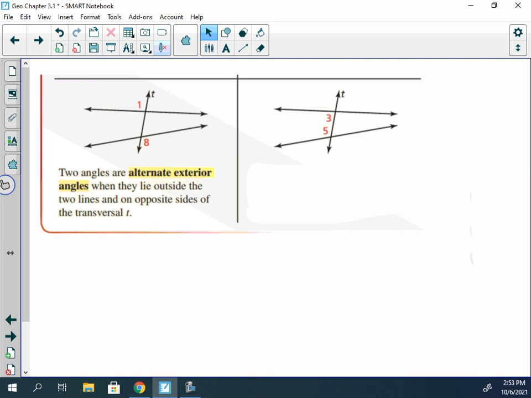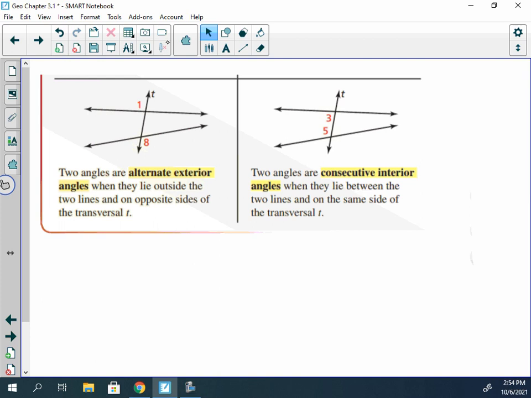Alternate exterior angles: outside and opposite sides of the transversal.